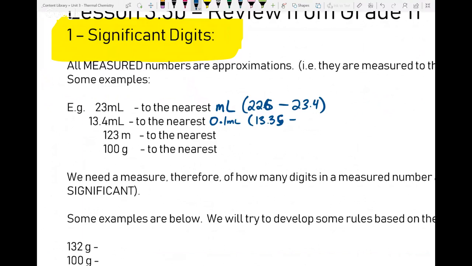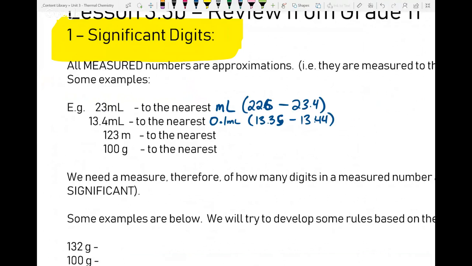It's the lowest number that would. And 13.44 would round to 13.4. It's the highest number that would. So this number here actually represents a range. You try the next two, make sure you understand it, and then we'll take them up.